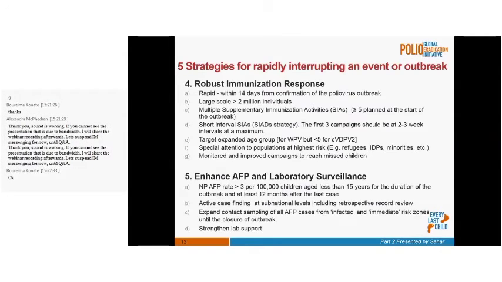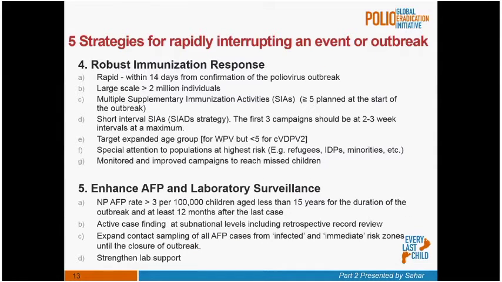The fourth strategy is implementing a robust immunization response. As India mentioned, the first campaign comes within 14 days. So this means that all the things I just mentioned would have happened in the first 2 weeks. And that also implies that the first campaign would go up to 2 million children. The age of the children is pretty much defined according to the risk factors that India had earlier specified.